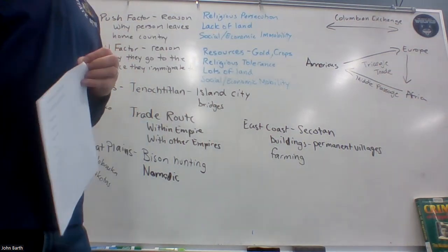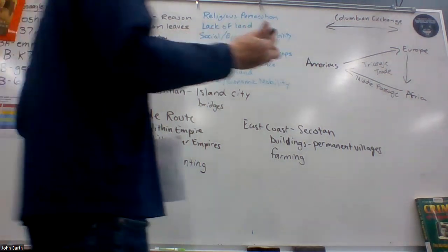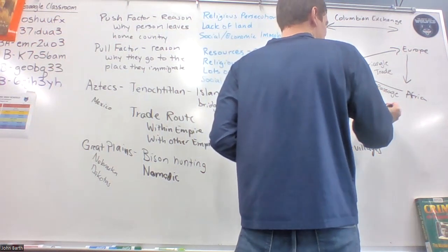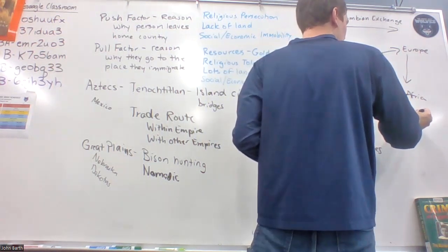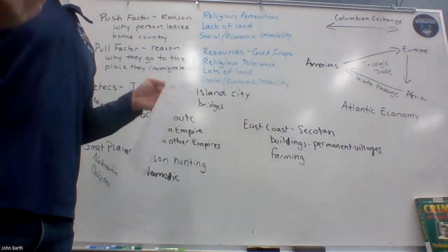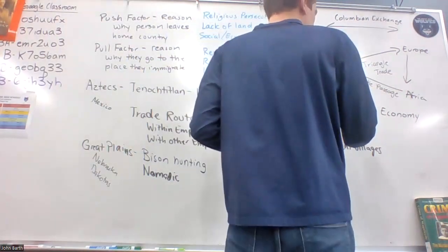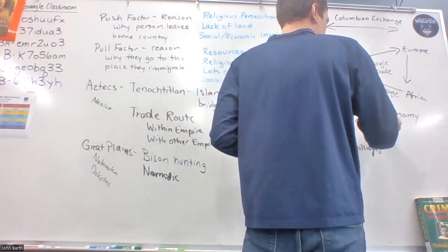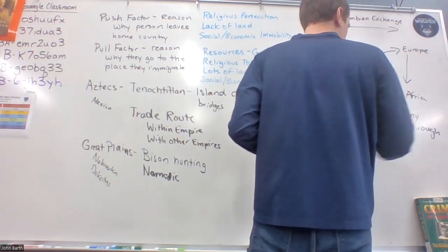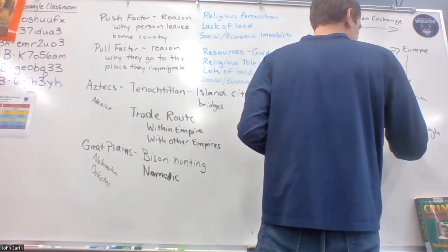Now, one other phrase that was mentioned in an essential question that we used is Atlantic economy. And Atlantic economy is basically the same thing as the Columbian Exchange, only you're focusing on making money through trade across the Atlantic.